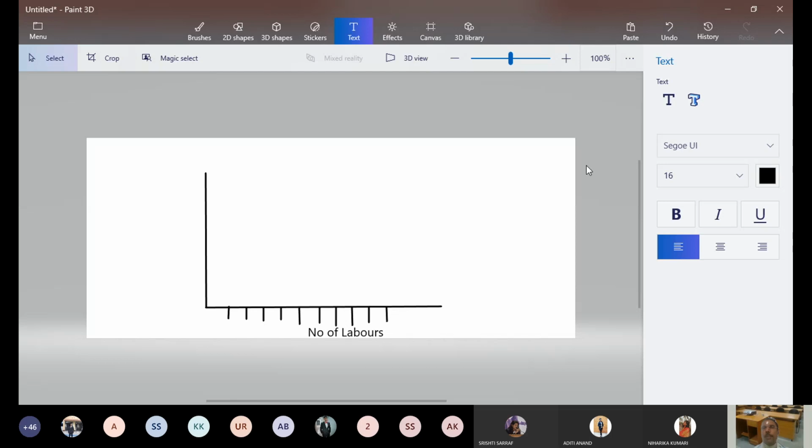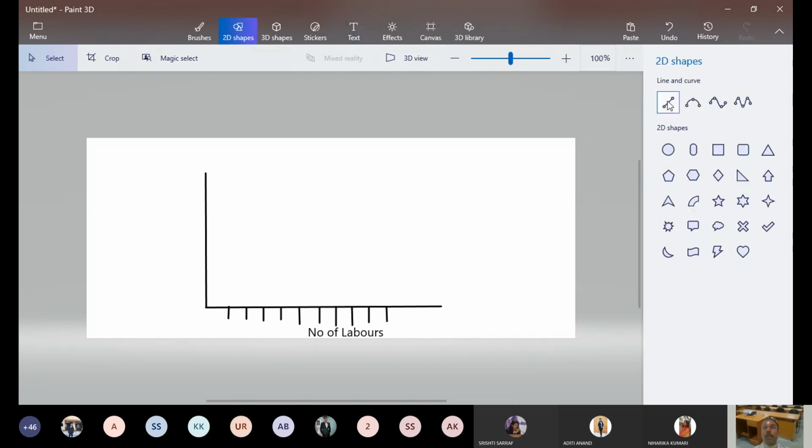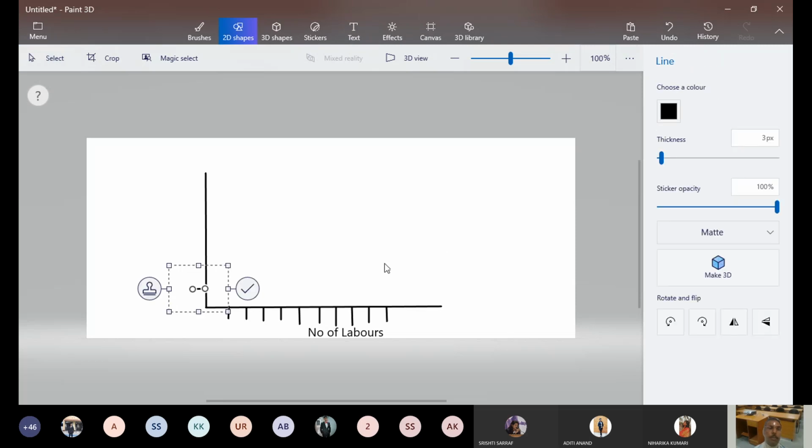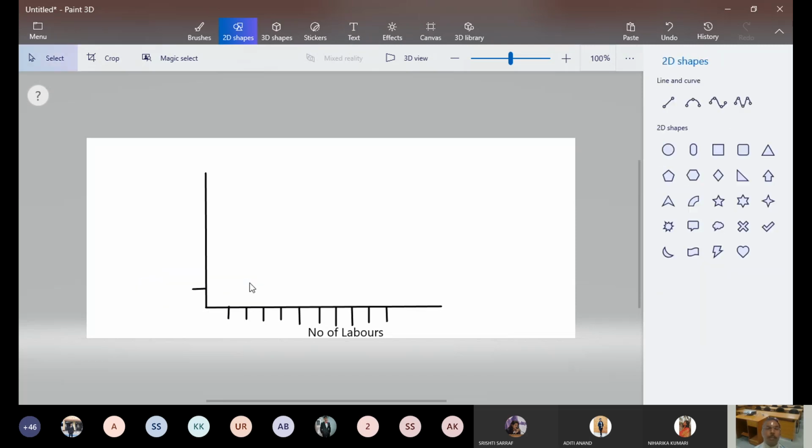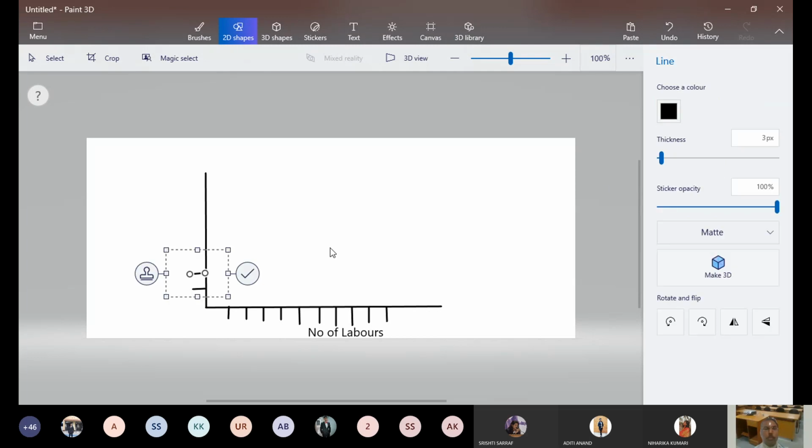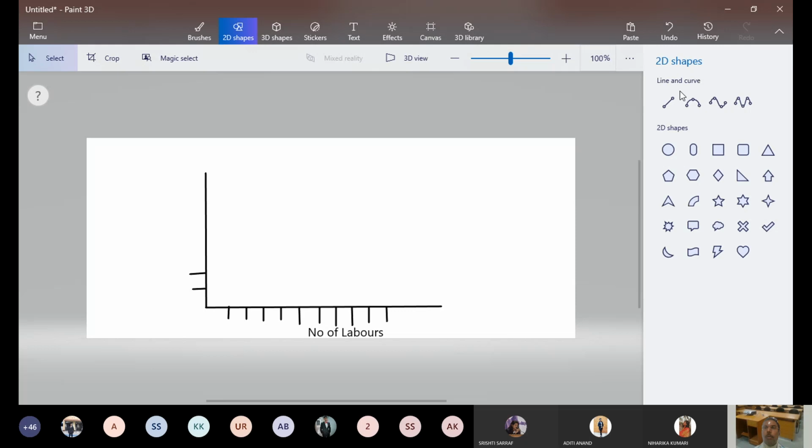On the y-axis, what do we write? First of all, we have to make the similar distances. They are all equidistant.